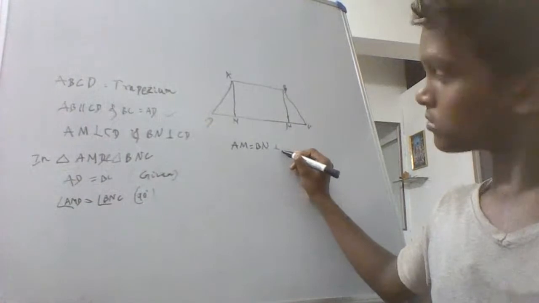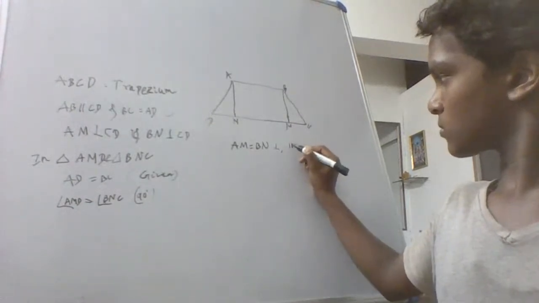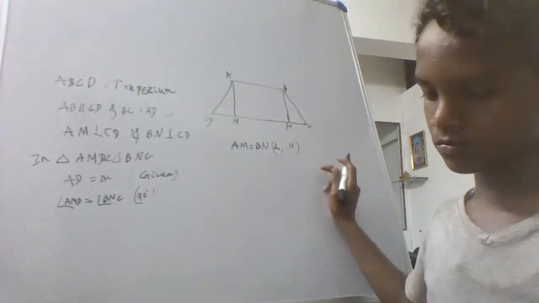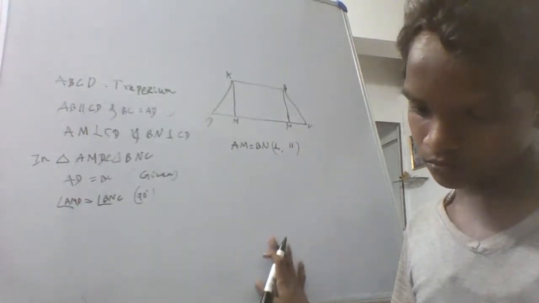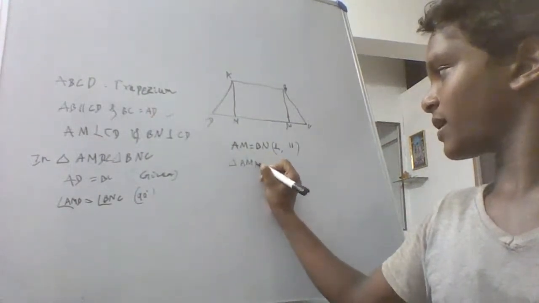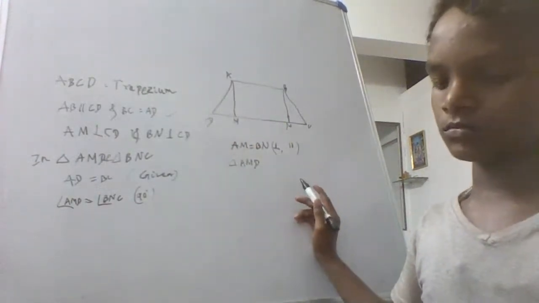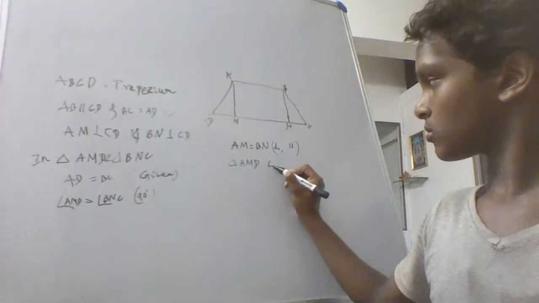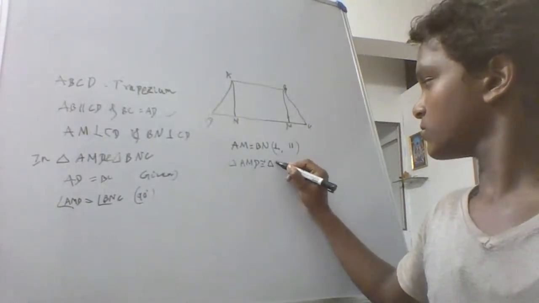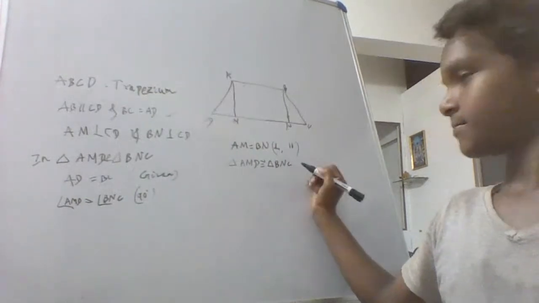Perpendicular distance between the parallel lines. Now triangle AMD is congruent to triangle BNC. What is that?